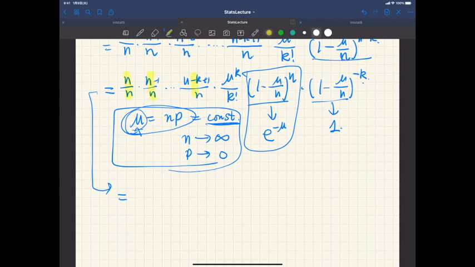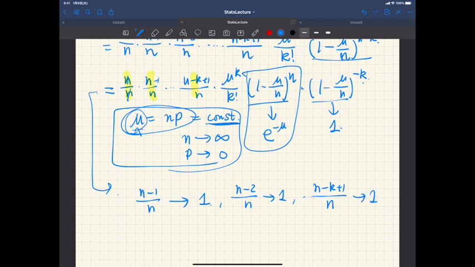They all converge to 1, right? n over n converges to 1, n minus 1 over n converges to 1, n minus 2 over n converges to 1, and n minus k plus 1 over n converges to 1, because k is constant here.